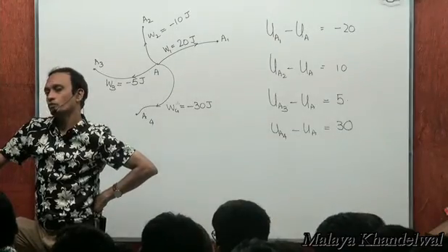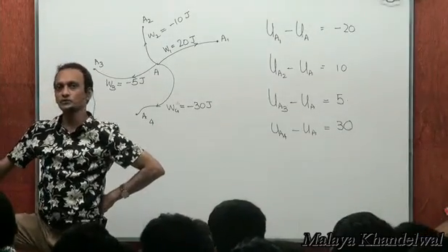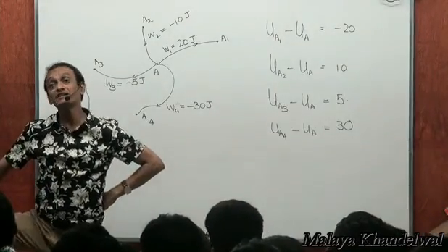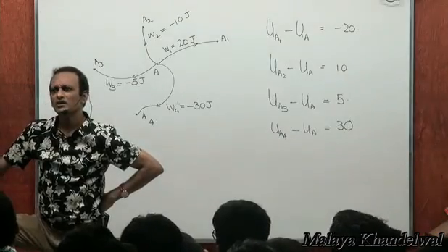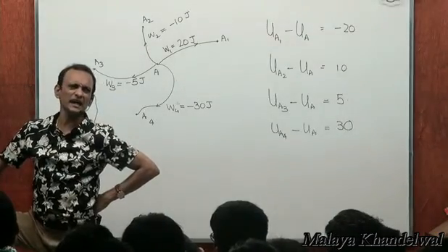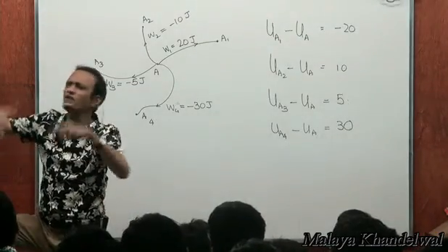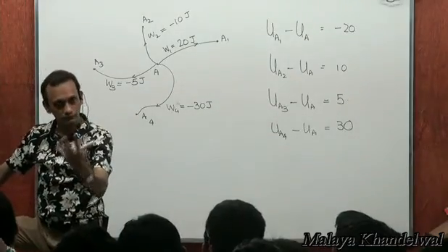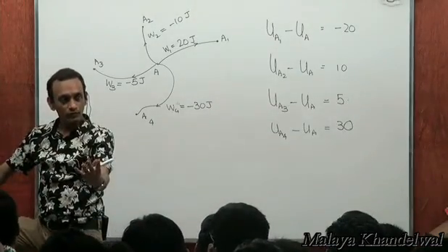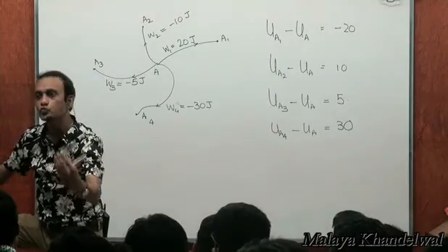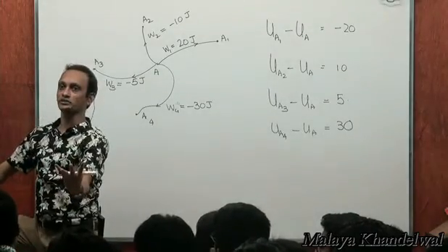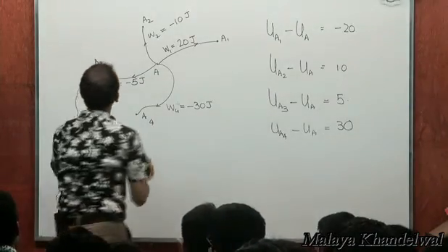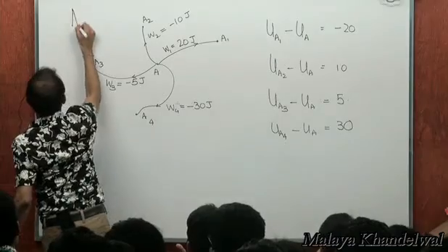So then, a pragmatic approach follows. What we could then decide is that one of these points, say A, A1, A2, A3, A4, any one of these points, be chosen as a reference point. All right. Say I choose A as a reference point.